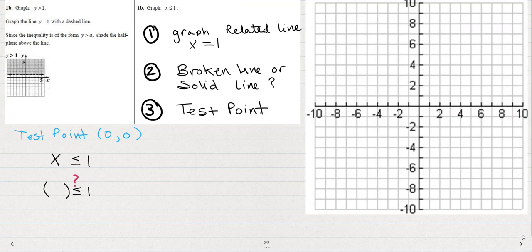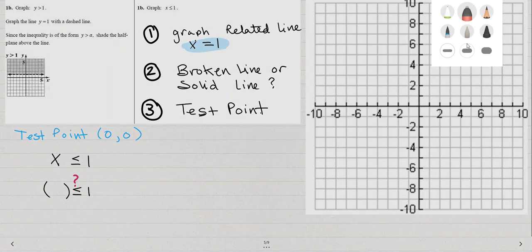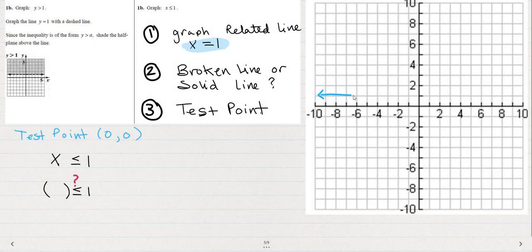Let's graph a vertical line, x equals 1, and then we'll use that vertical line to graph the related half plane. So if x equals 1, it's this vertical line right here, and our inequality is x is less than or equal to 1, so we'll include our x equals 1, and we also want anything that's less than that.